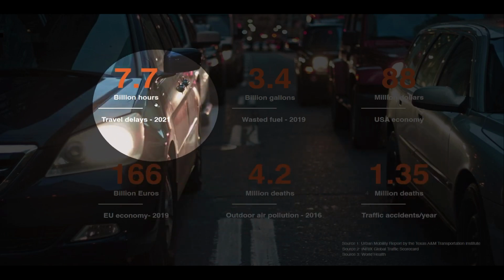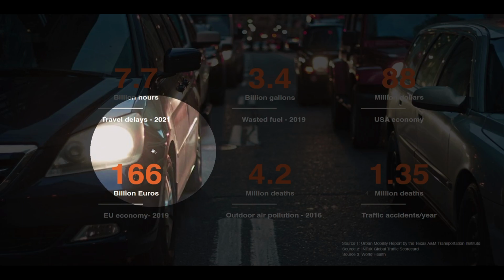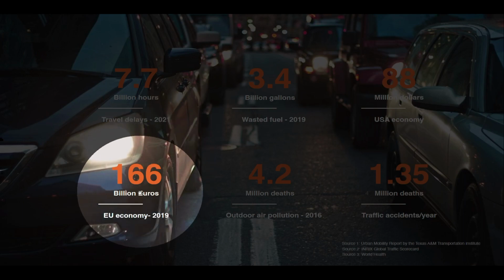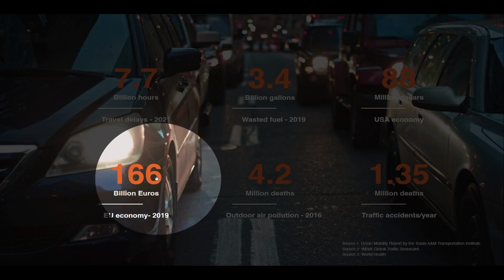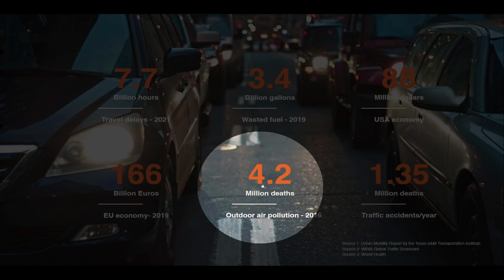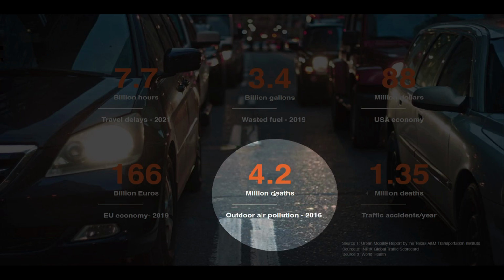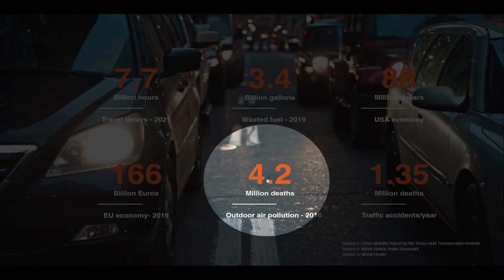If you take, for example, 7.7 billion hours of travel delays, with numbers from 2021, this traffic congestion is costing 166 billion euros for the European economy, with respect to statistics from 2019. And this pollution, 4 million deaths from outdoor air pollution, with respect to data from 2016.